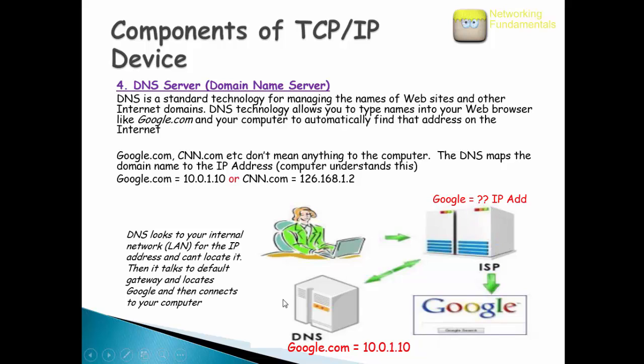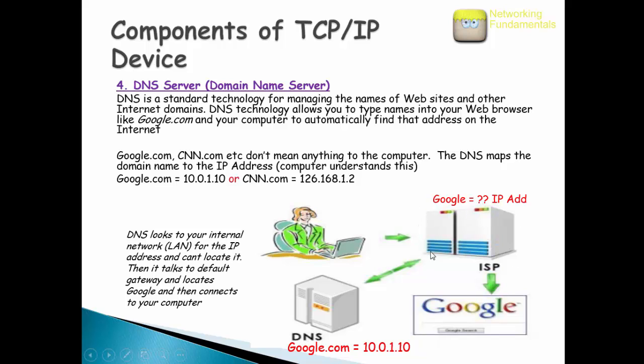Please check my DNS server and tell me what IP address google.com is equal to. So that's what this DNS server does, it matches the domain name with an IP address. And when it does this mapping, then it returns the IP address to my computer, which is what my computer understands. It's IP addresses. It doesn't understand google.com. It just understands IP addresses.